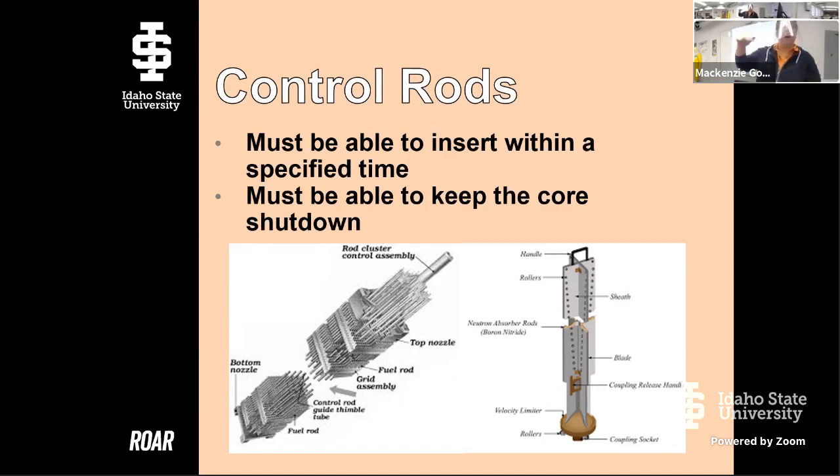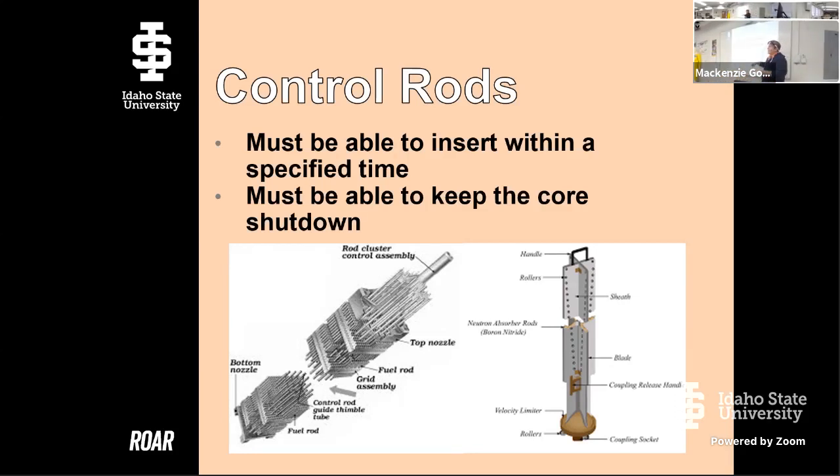When we talk about drop, a lot of times a gravity powered drop is not fast enough to shut down the reaction before we reach the power level that corresponds to the temperature that will melt our clad, right? Because we're controlling power in order to control temperature in order to not release radiation, right?